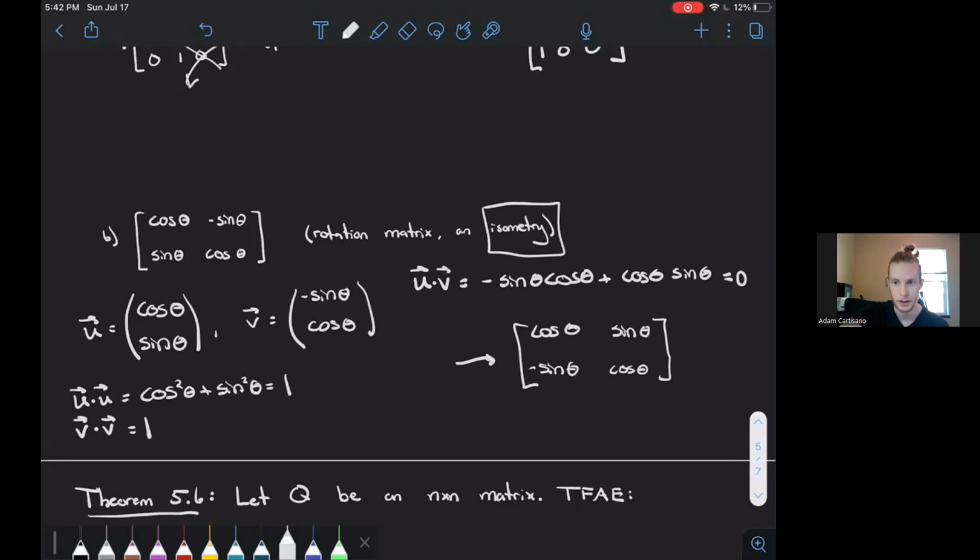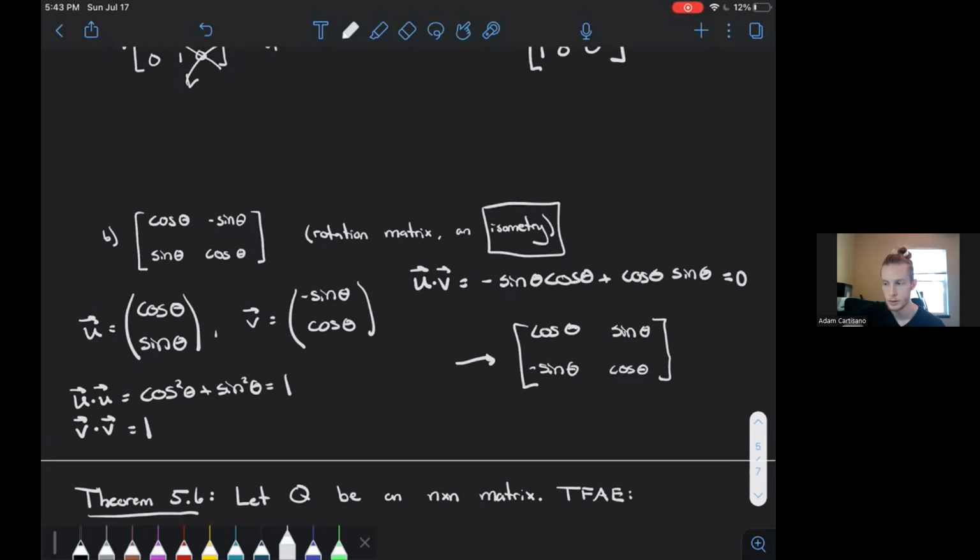And of course, what measurement do we have in our vector spaces? Just Euclidean norm, length. And sure enough, an isometry is a linear transformation that preserves the notion of length, or preserves all lengths involved.